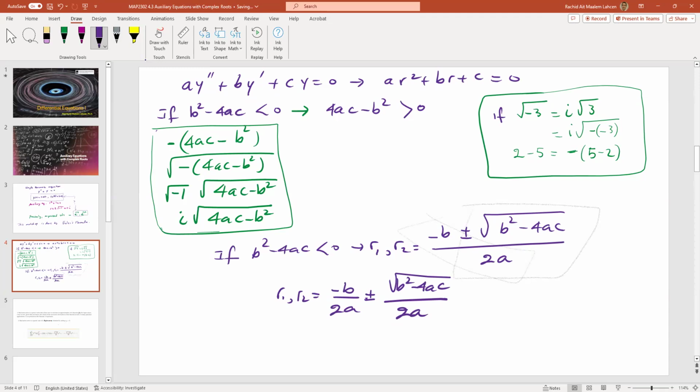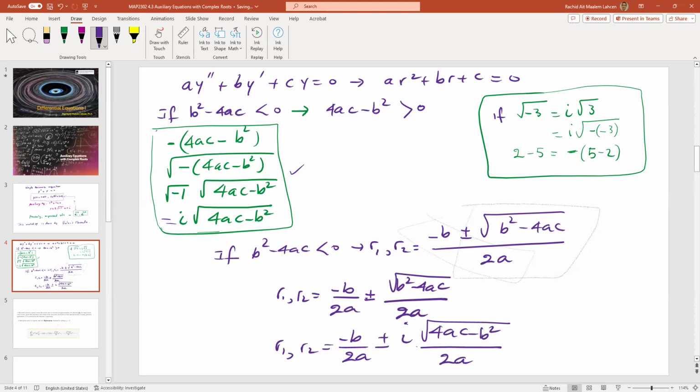I will change this to i square root of 4ac minus b squared over 2a.